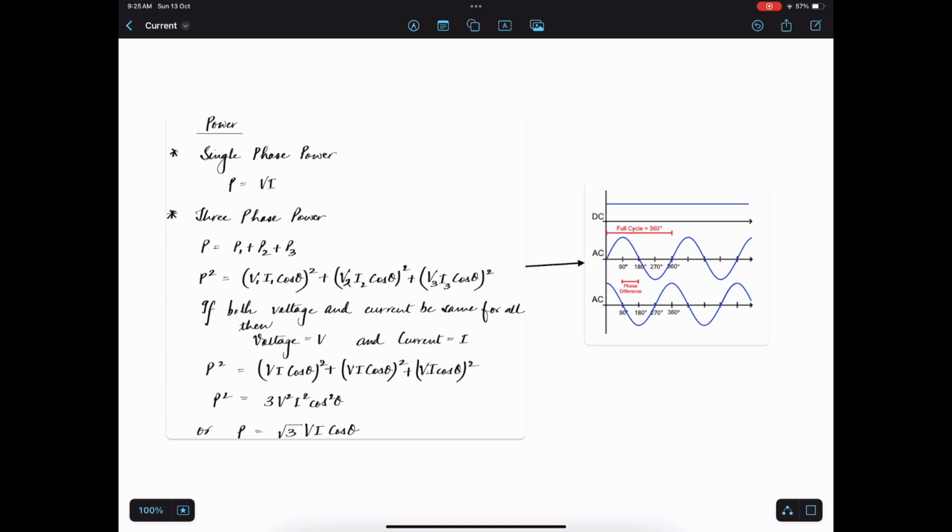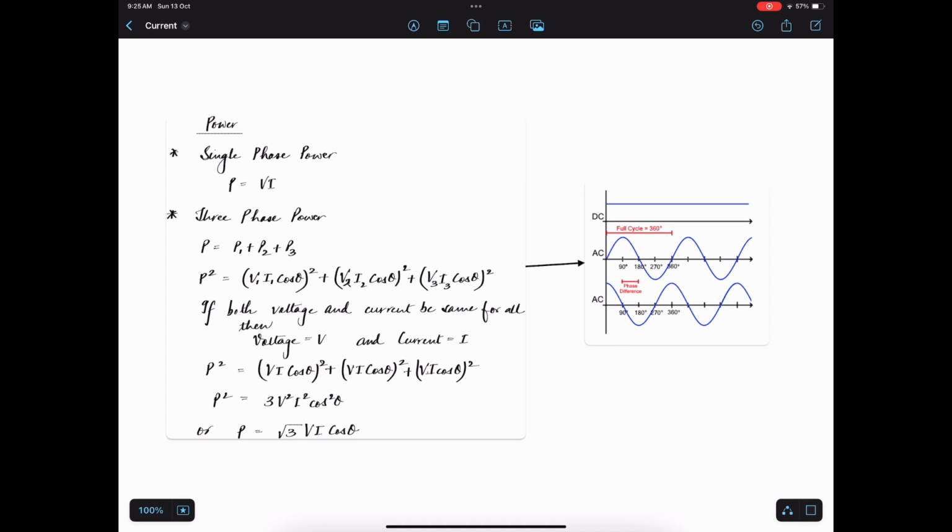In this case, what I've done is I divided them into three different voltages and currents, and cos theta is the power factor. We'll come to talk about it.